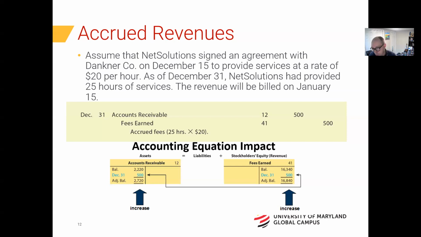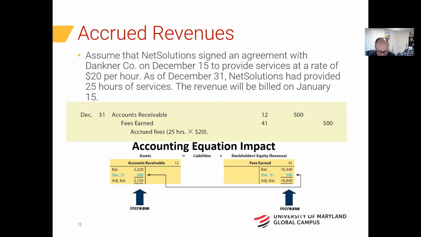That's the revenue earned, right? Earned revenue, sales, whatever you want to call it. So what's the impact on the accounting equation? We increased accounts receivable by 500, an asset account, and we increased sales, which holds a normal credit balance, and that eventually becomes a part of stockholders' equity.